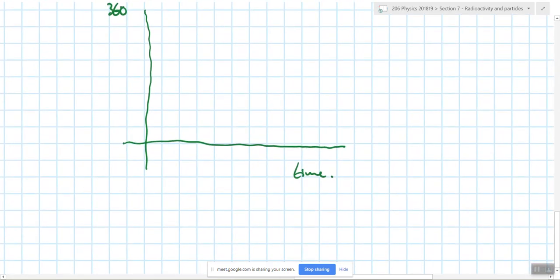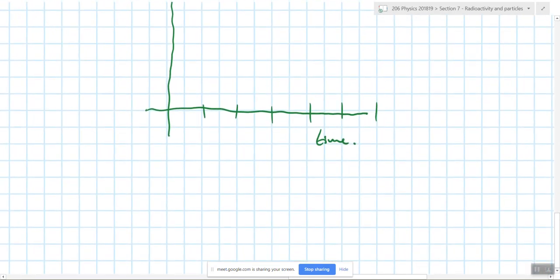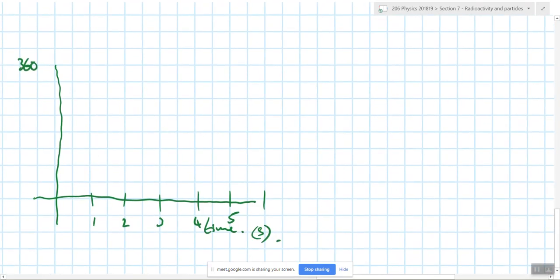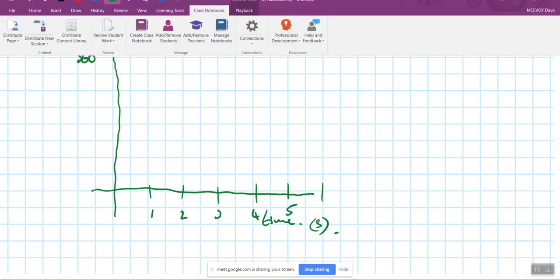And let's say that we had a half-life. Half-lives can be really short or really long. It depends on how unstable your sample is. So let's say we had a half-life of, I don't know, let's put it in seconds because it's easy. So we start off with 360 things at the very beginning.